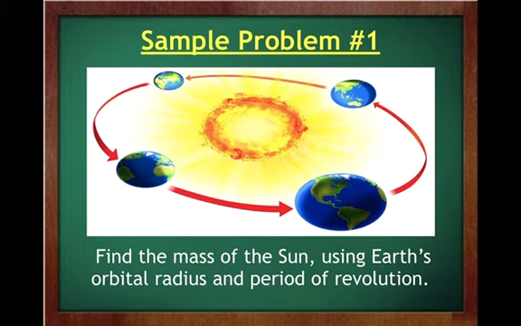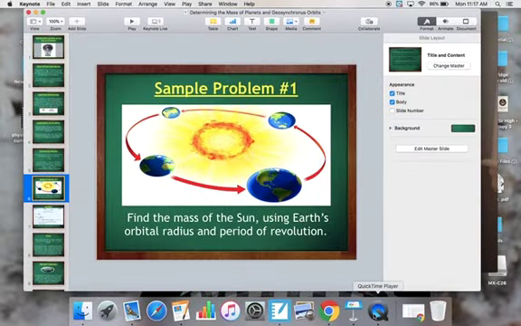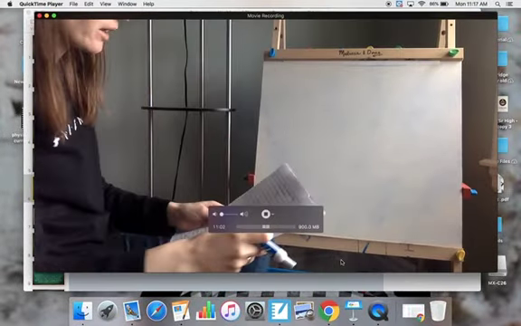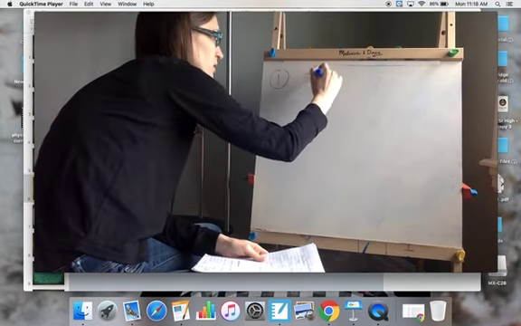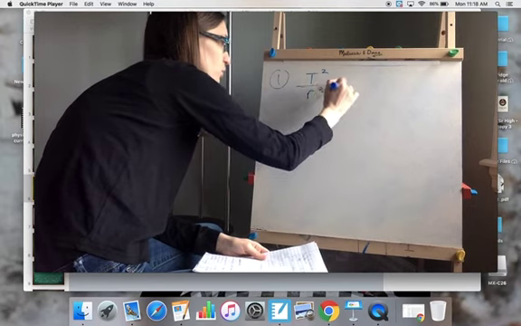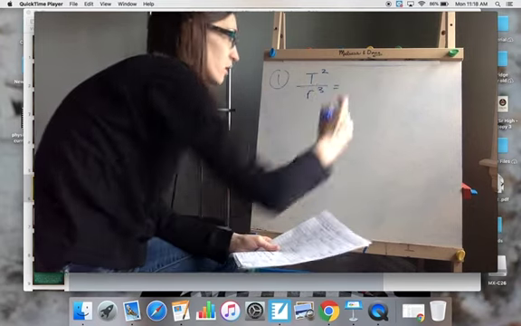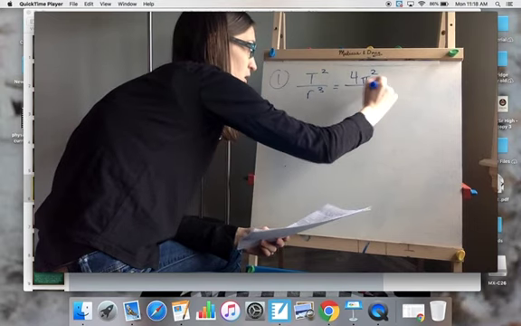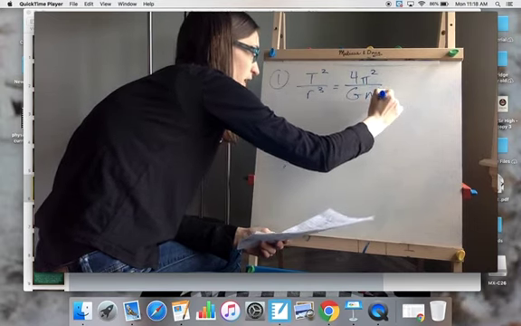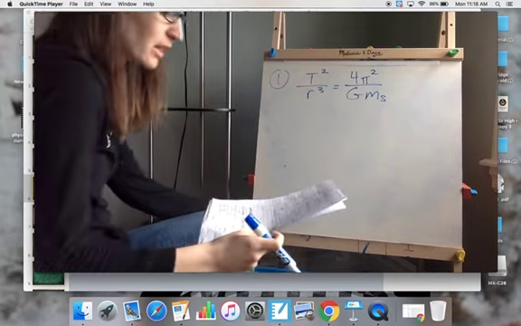So if we look at number 1, we're being asked to find that mass. We've got that formula we just talked about, where t squared over r cubed is equal to 4 pi squared over g times the mass of the sun, which is what we're being asked to find.